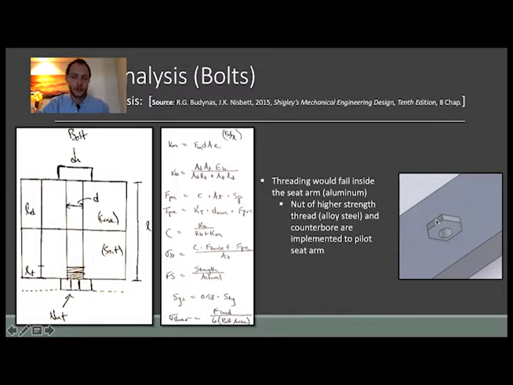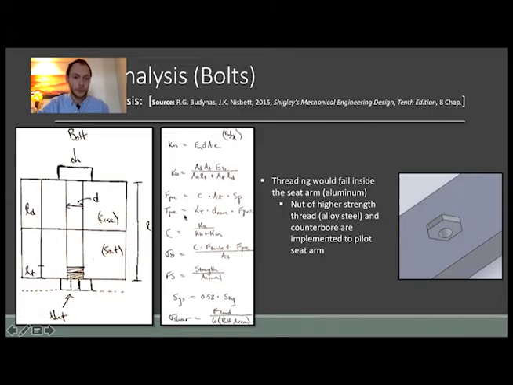And since the nut is going to be a high alloy steel, just like the bolt is, we were able to make that ultimate tensile factor of safety 1.4 compared to it failing with the aluminum threading as well. The left side here is just our frustum analysis diagram, with some of the equations we used.